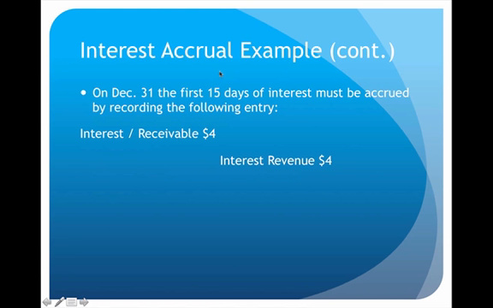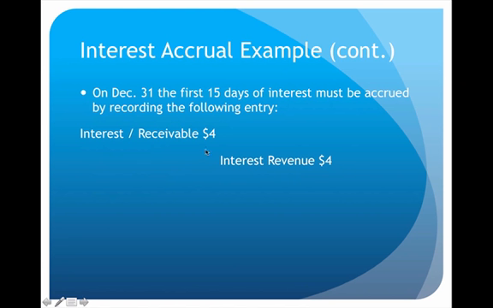So if they sign this note on December the 16th, and it is now the 31st, 15 days have transpired. So I actually want to calculate only 15 days worth of interest. And that's going to be principal times rate times time. The $2,000, the 5% rate, 15 out of 360 days.